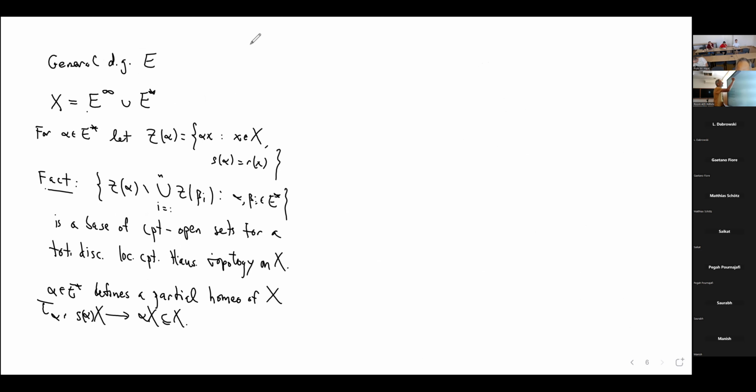So the point is, suppose we have a vertex with infinitely many edges having that vertex as range. So we could draw this: here's our vertex, we have edge E1, E2, a whole infinite sequence of edges like this.